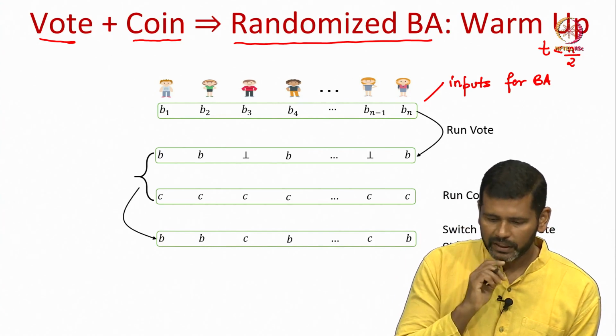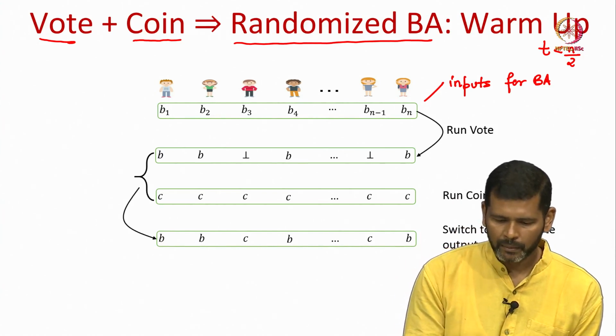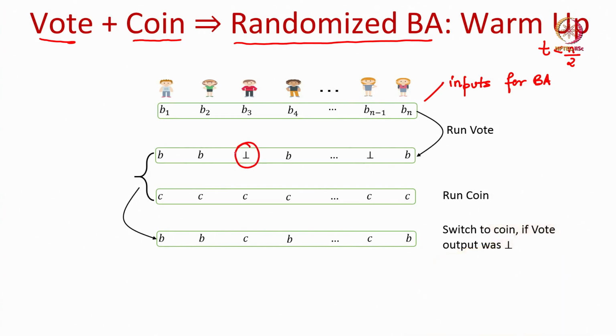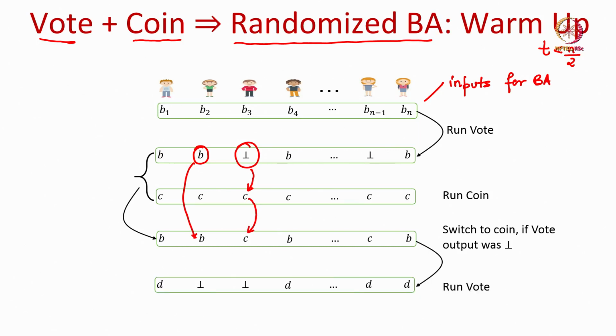Now, what each party does is the following. A party Pi checks whether its outcome from the vote protocol was bot or a bit. If it was bot, then change the bit to C, otherwise stick to that bit. If your outcome from the vote was B, then stick to B only, but if your output from the vote was bot, then change to the output of the coin, and then again run an instance of the vote protocol.